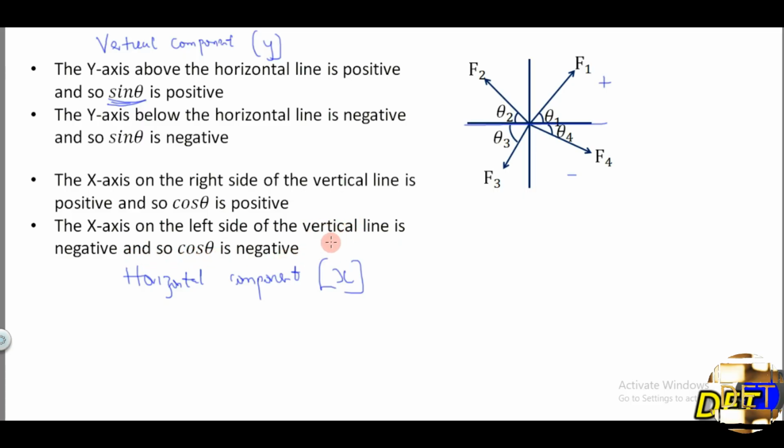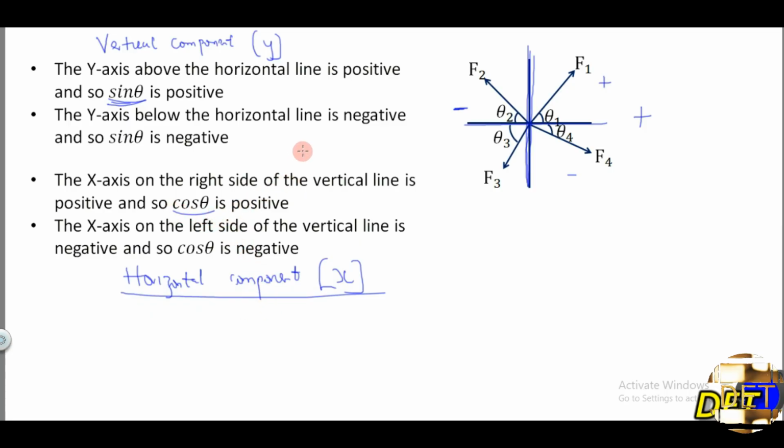What we are trying to say is that when we are resolving vectors into their horizontal component, any vector on the right side of the vertical line is positive, and anything on the left side of the vertical line is negative. And when we're resolving vectors into the horizontal component, we use cos theta, right?